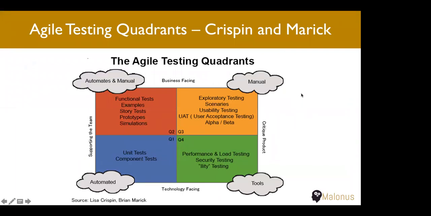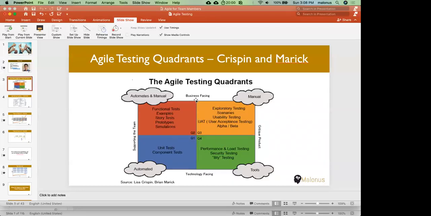So if we look at this quadrant, which people generally look at from the agile testing point of view, it is given in the Agile Testing book written by Lisa Crispin and Brian Marick.